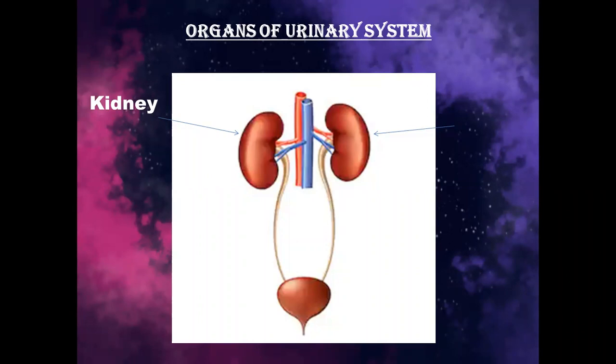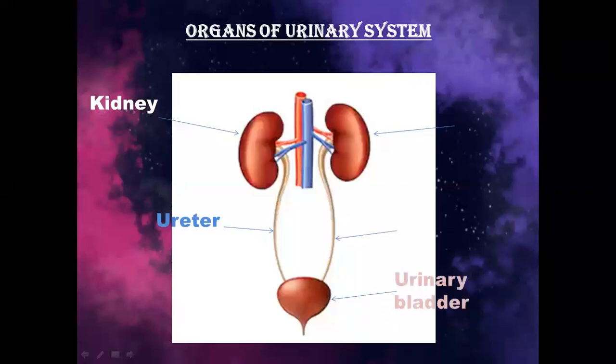Then we have also two ureters. This long tube is called a ureter. We have two ureters. This is the right ureter and this is the left ureter. And the last part here is called the urinary bladder. Urinary, for the urinary system.